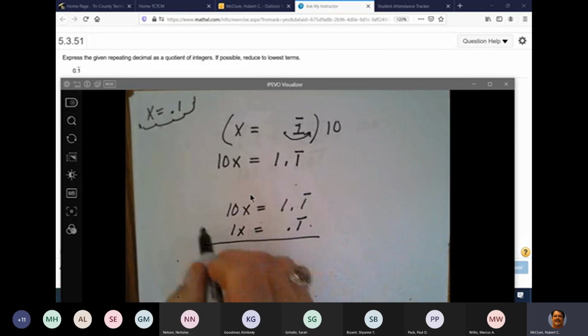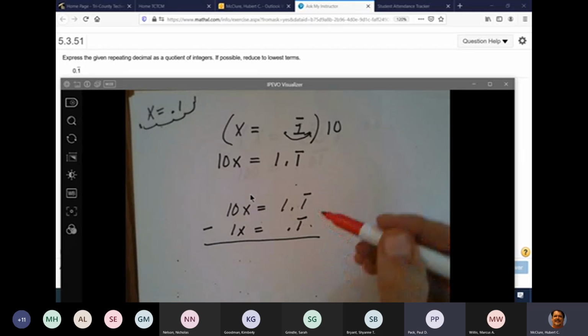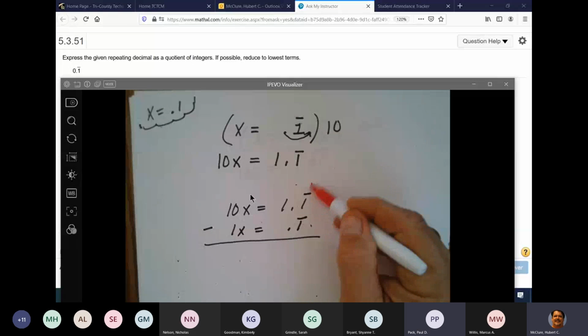And when you subtract, somebody tell me what happens to the repeating decimals. That means I want somebody to interact with me. When you subtract, what happens? Do they cancel each other?